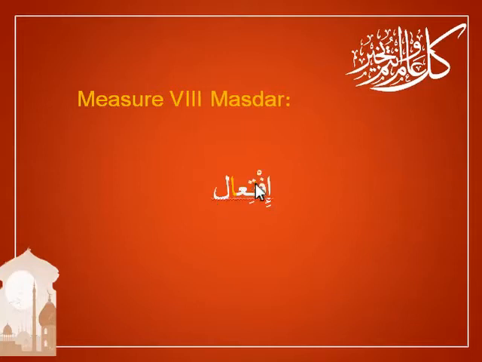Again, always sukoon here, the short vowel kasra, and the key thing is the aleph there. This becomes the masdar, the doing of something. Okay, very, very simple. And just to preview again, this same pattern is going to hold for the final 2 measures, the only 2 that we have not looked at yet. Okay, so it's worth knowing.